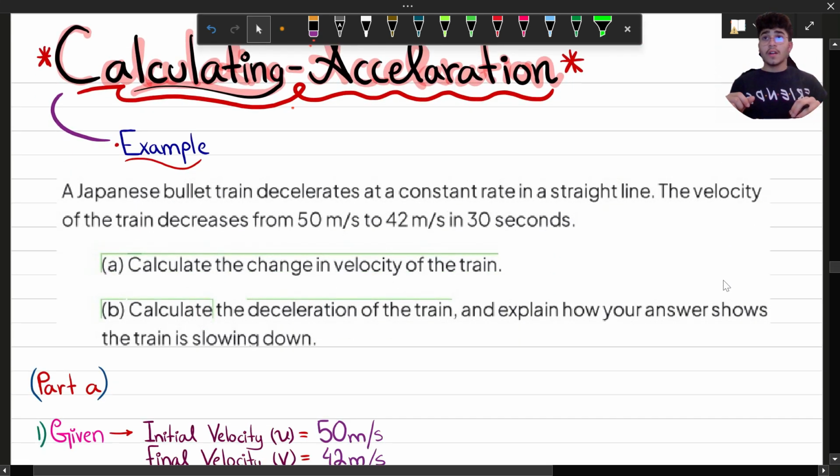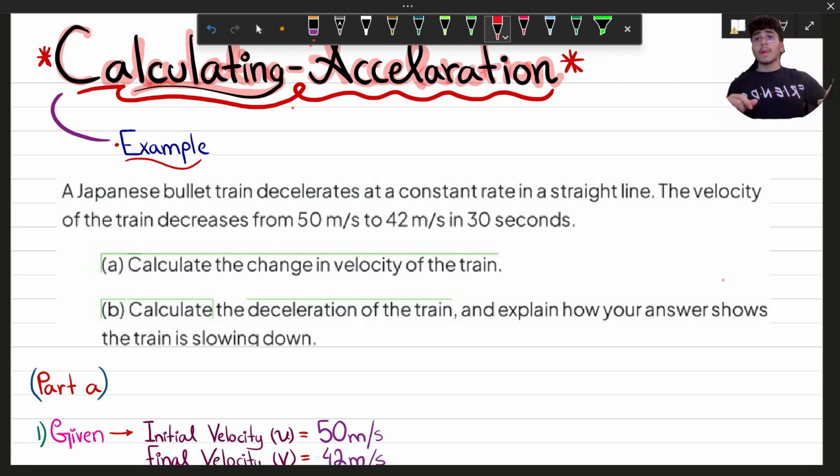Calculating acceleration. So let's take a very nice example here. A Japanese bullet train decelerates at a constant rate in a straight line. The velocity of the train decreases from 50 meters per second to 42 meters per second in 30 seconds.